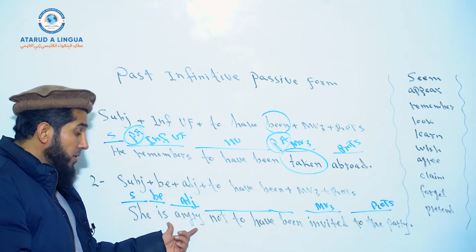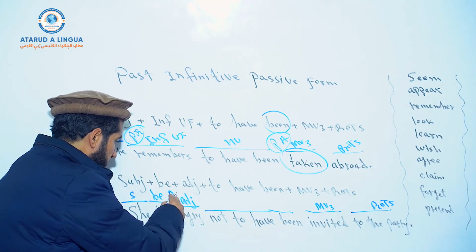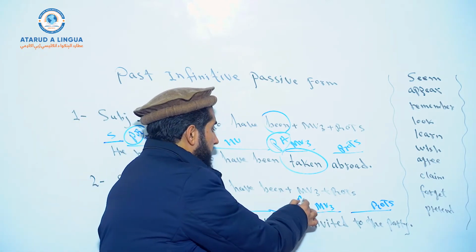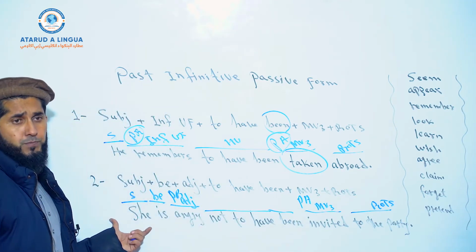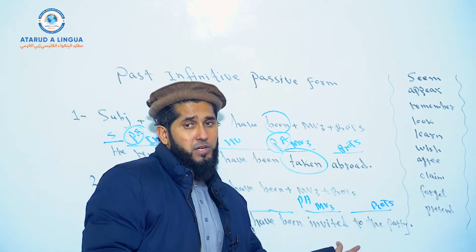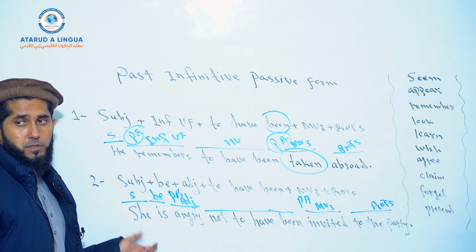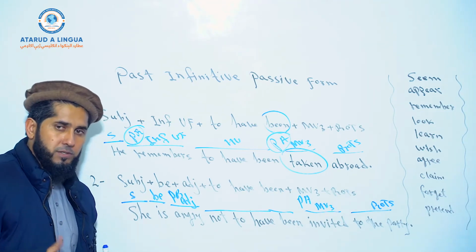So she is angry, present remark. That she was not invited to the party, past action. But this action was not done by the subject of the sentence. Because it's passive form, somebody else did this action. Something happened to the subject of the sentence. Subject is not the doer of the action in this case. Okay.